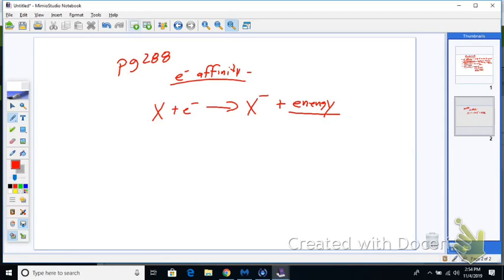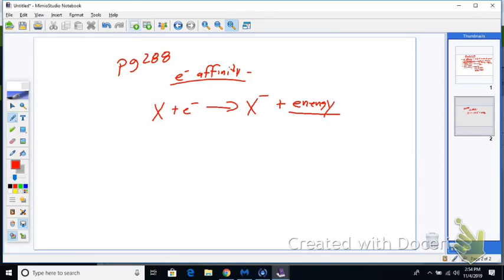When we say highest, we mean the highest negative value, because that's how much energy is exiting out. If it's negative, energy is given off. And when we put a plus with it, energy is going in.